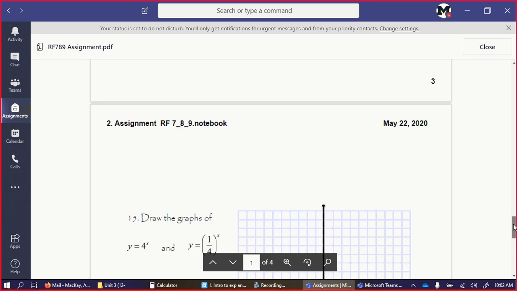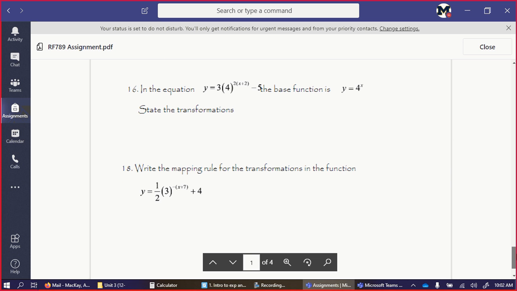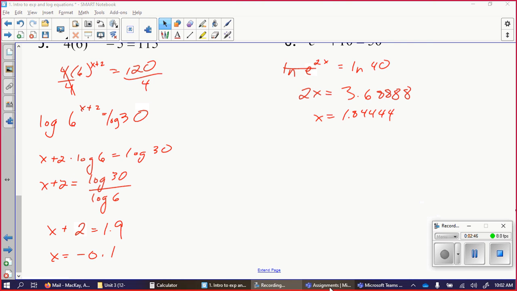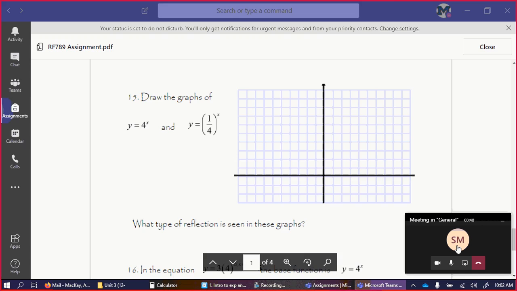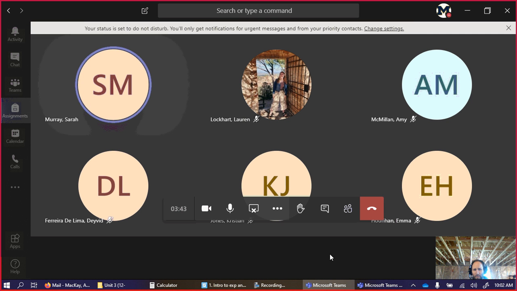Questions 15, 16, and 18 are from RF7 when we did graphing exponential functions, exponential growth or exponential decay. It's not supposed to be a complicated question.